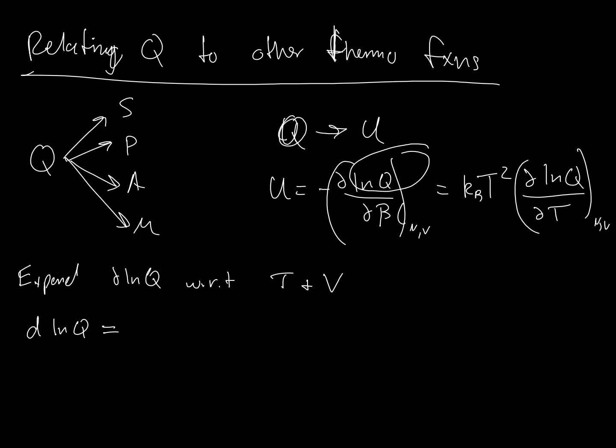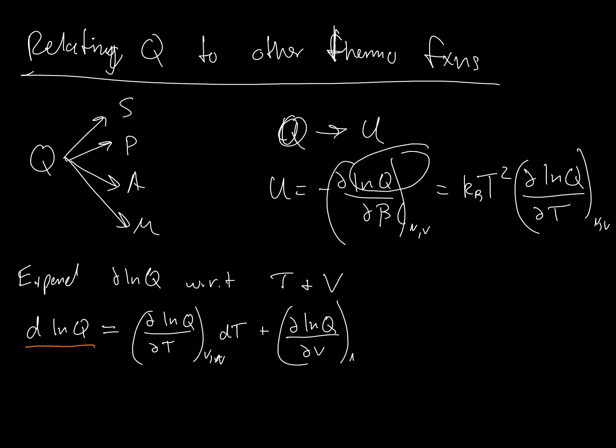That's why on the left-hand side we have the total differential, because we're keeping track of all of the different possible ways that the natural log of the partition function can change, because there's only two variables changing due to the Gibbs phase rule. So we multiply both sides by kT squared.